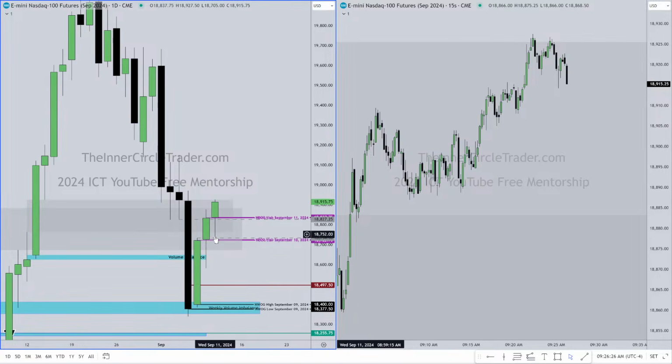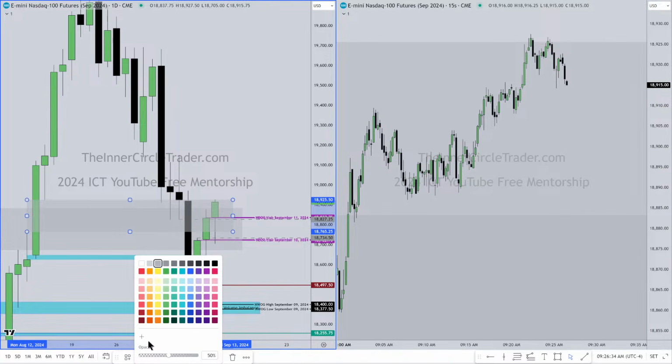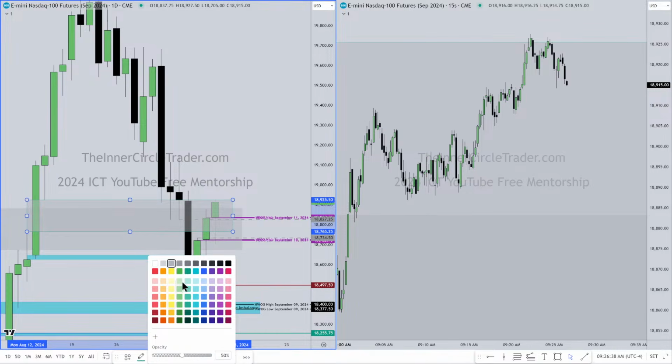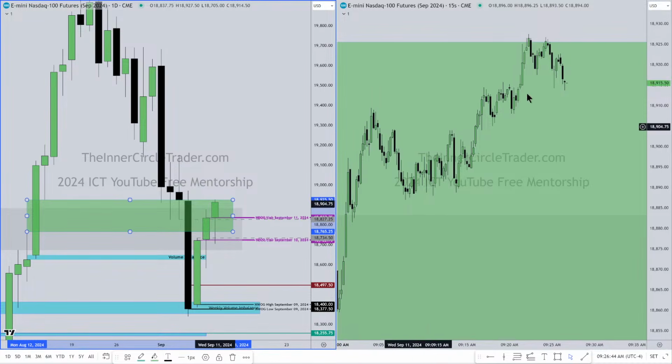So we traded down to that, and then traded to the high of this inefficiency. So they're putting relative equal highs in there at the high of that inefficiency.